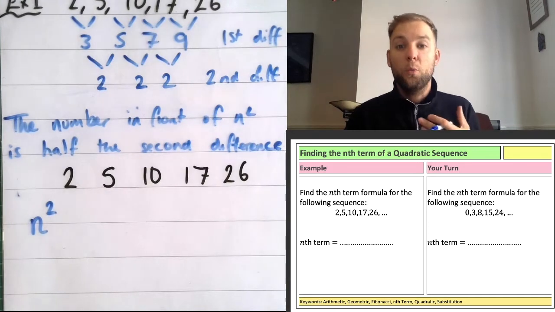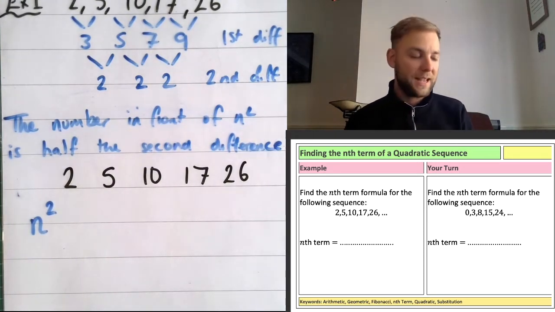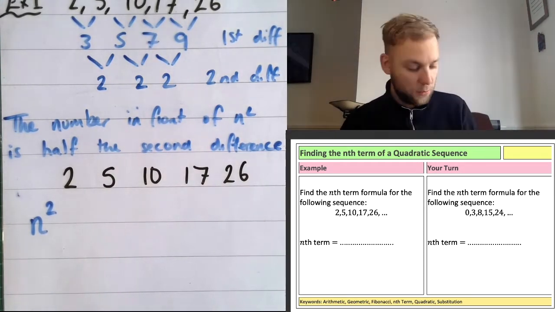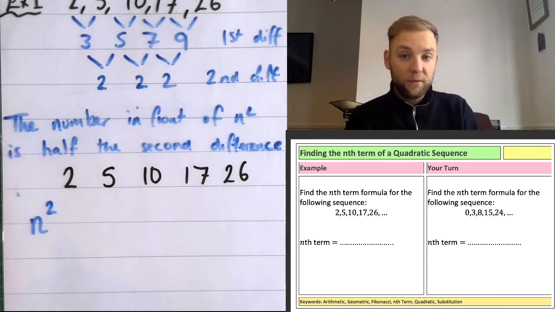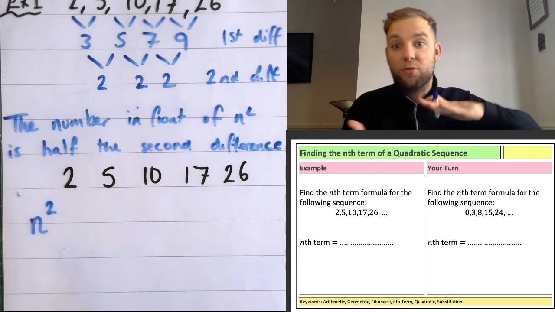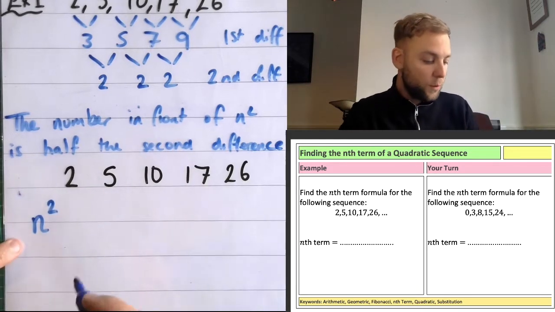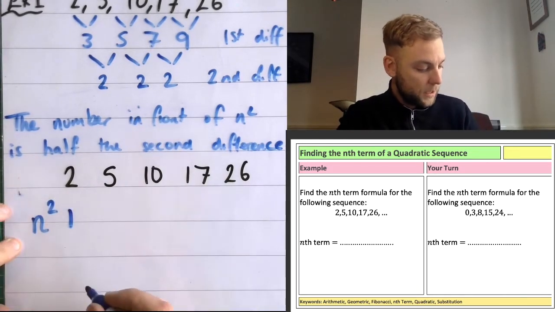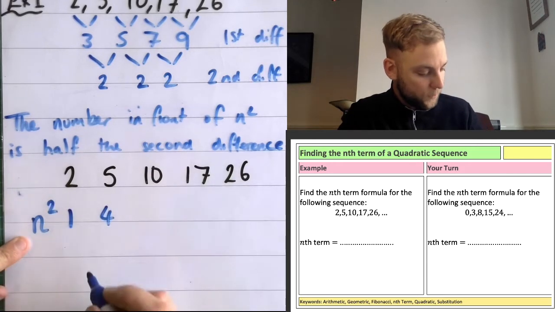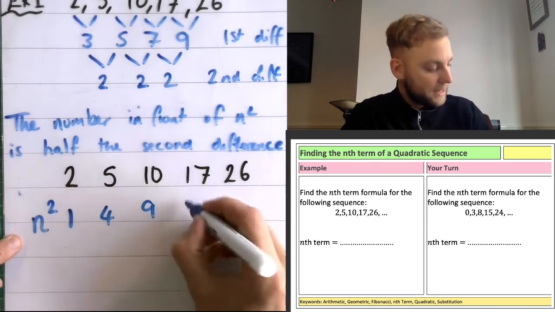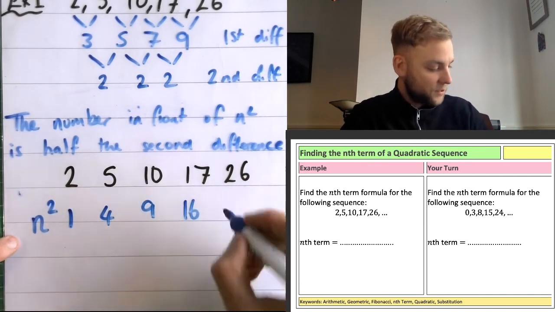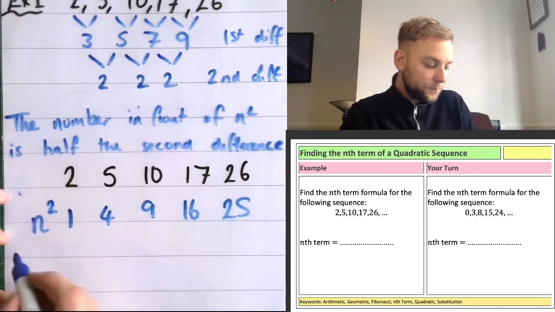Now remember, hopefully you've watched a video on substituting in values. If I want to find the sequence for n squared, I need to sub in 1 for the first one, then 2, then 3, then 4, then 5. So 1 squared is 1, 2 squared is 4, 3 squared is 9, 4 squared is 16, and 5 squared is 25.